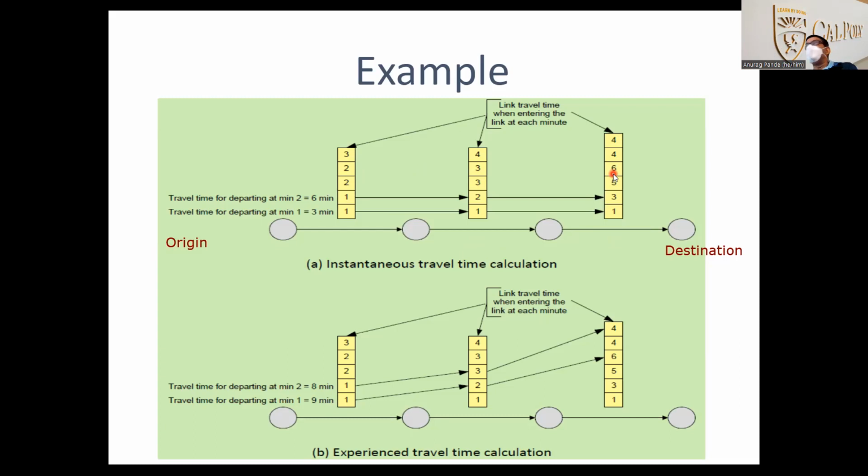Okay. Now let's update this idea of instantaneous travel time. It's very important, but it's very easy to understand because you're just making that calculation at your trip starting time between the origin destination pair. Experienced travel time is also easy, but there is more of a chance of making mistakes.